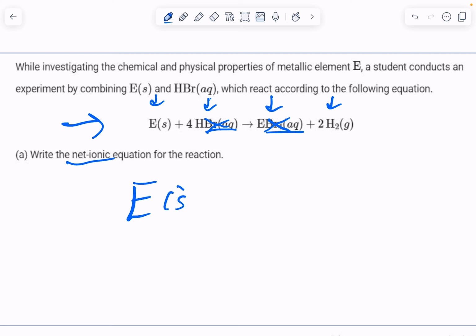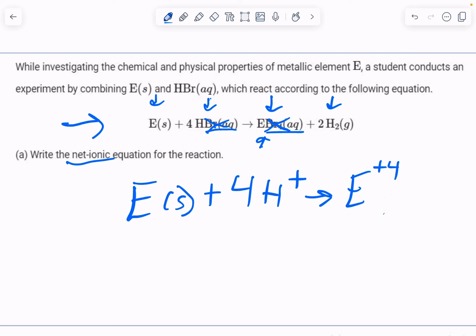We have E solid plus 4H+ hydrogen ions. Hydrogen forms +1 ions. And that goes to form an E aqueous state. And the charge we can determine based on what we have here.